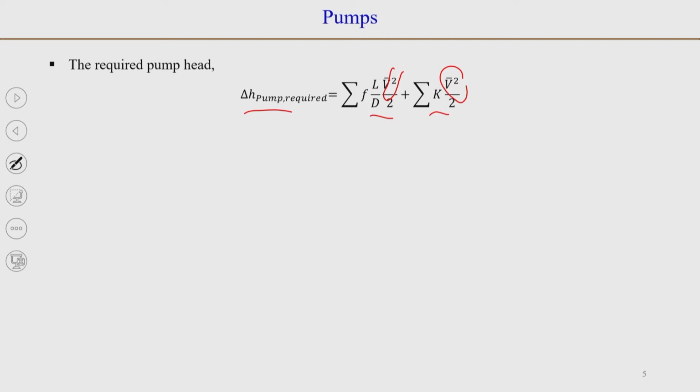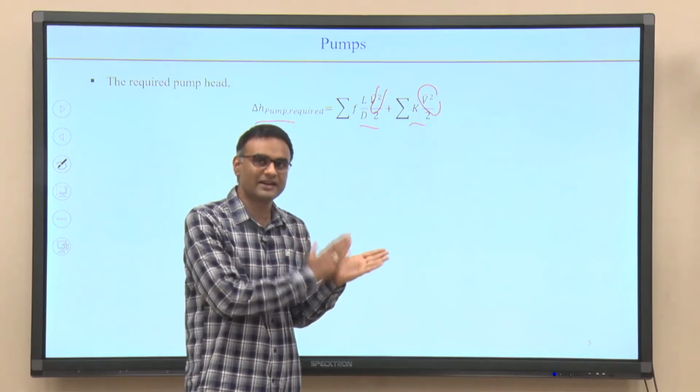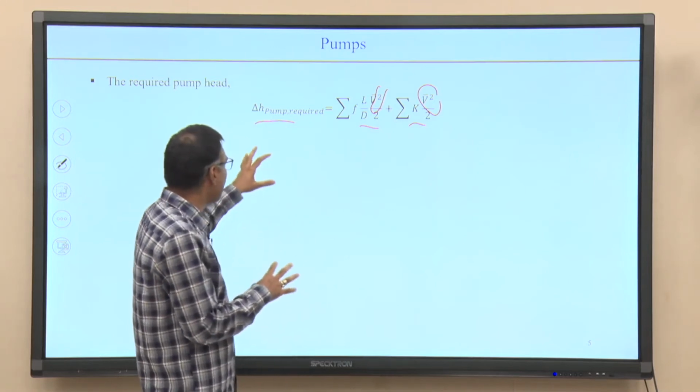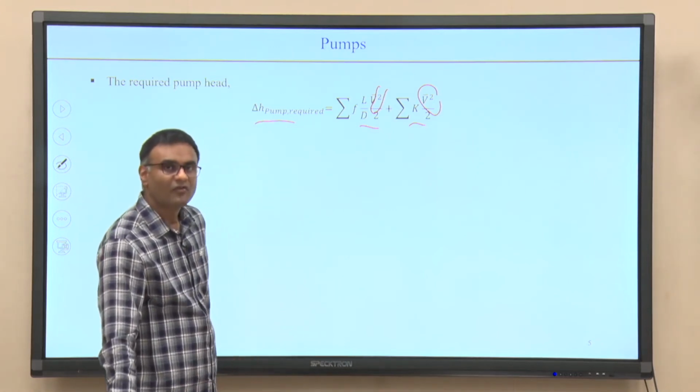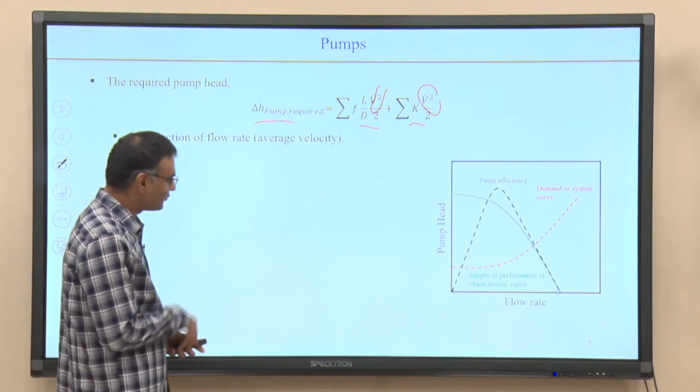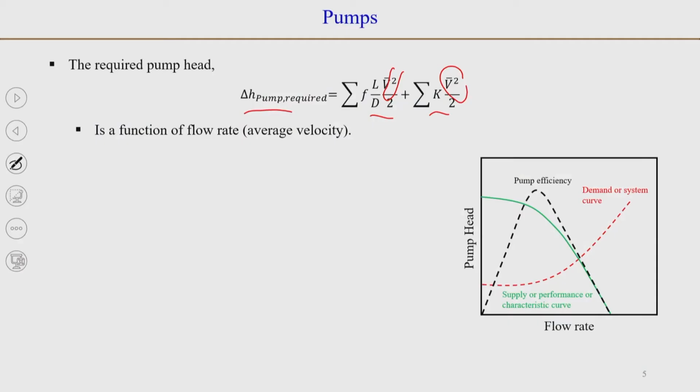So, V squared we can write in terms of flow rate per unit cross-sectional area. So, H is a function of flow rate, or the average velocity. So, we can plot on an xy plot where on the x axis we have flow rate and on the y axis we have the pump head.